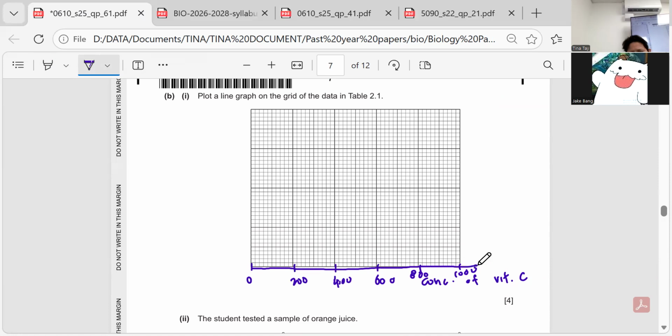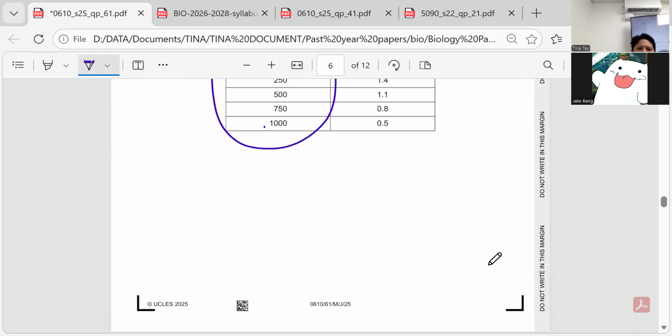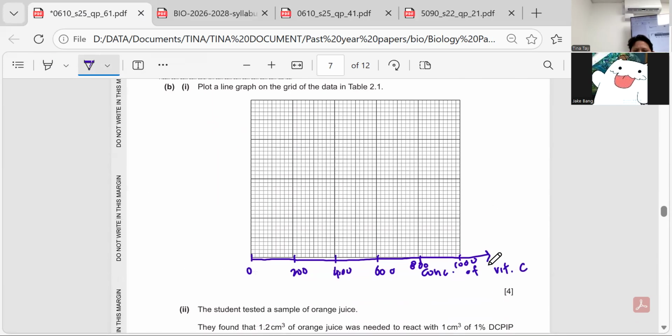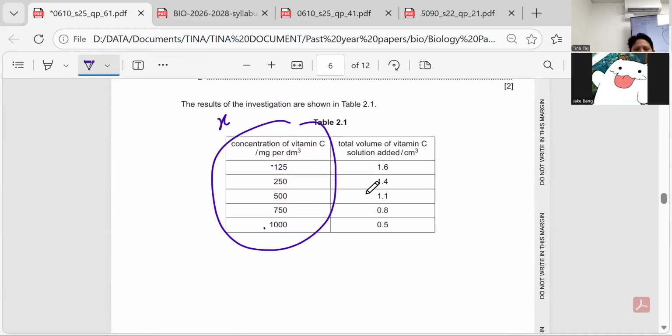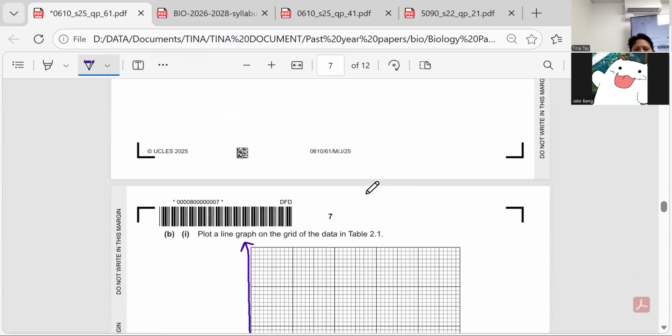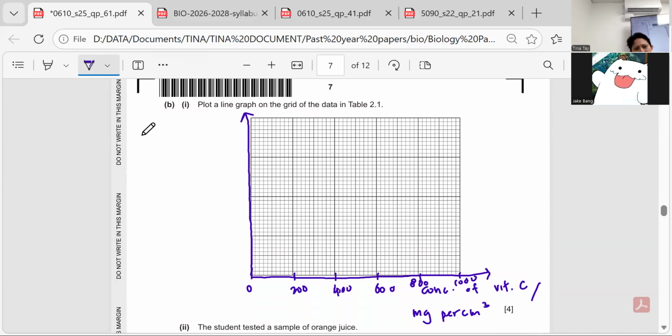I don't have a ruler, okay? Use a ruler to draw this line. So concentration of vitamin C, milligrams per centimeter cube. Okay, the y-axis is what? The y-axis is total vitamin C added, centimeter cube. Okay?